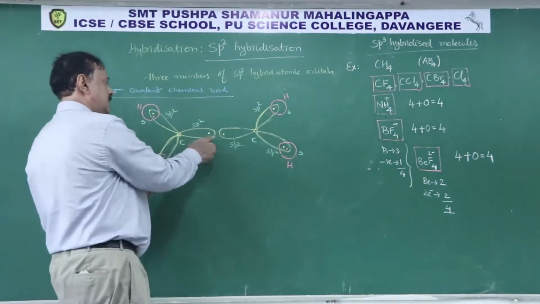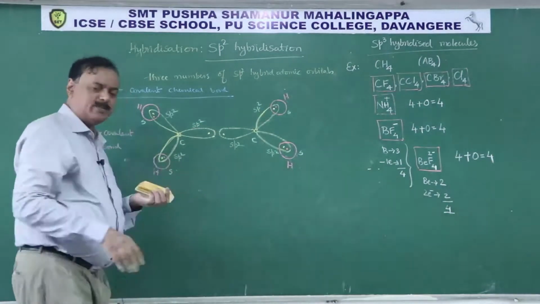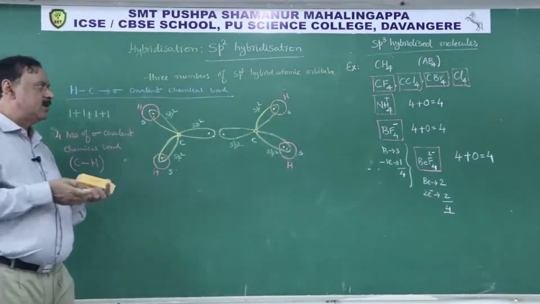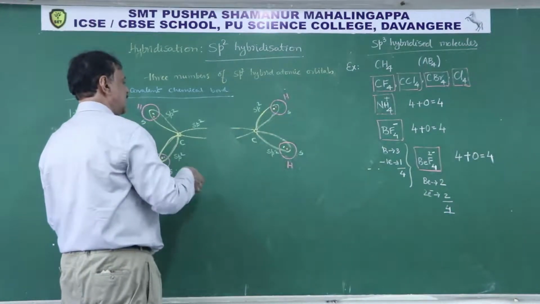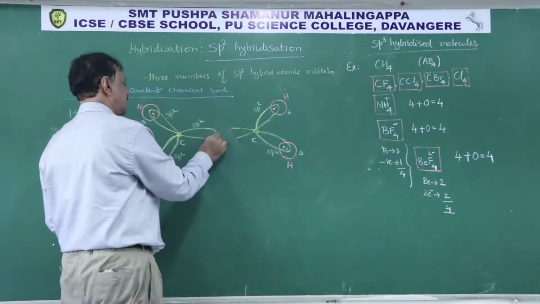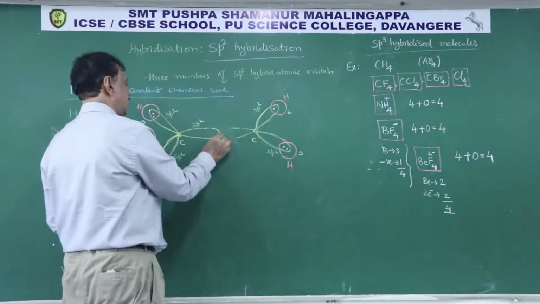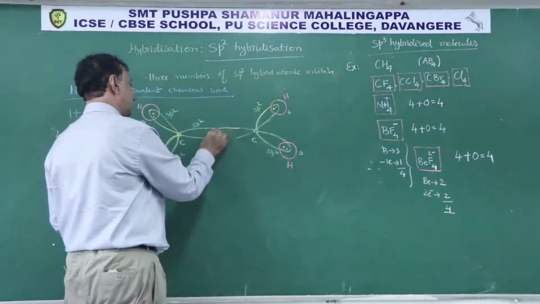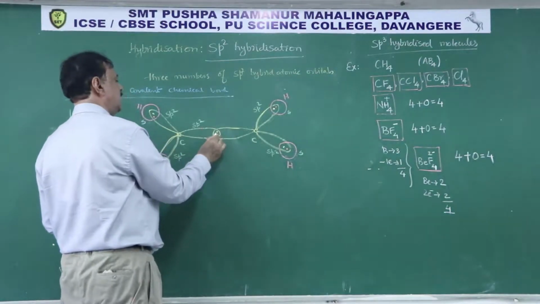See, here this is an sp2 hybrid atomic orbital of the carbon atom, and this is an sp2 hybrid atomic orbital of the carbon atom. Now these two are present along the axis. Again they share one electron for covalent chemical bond formation: one electron from this sp2 hybrid atomic orbital and one electron from this sp2 hybrid atomic orbital.